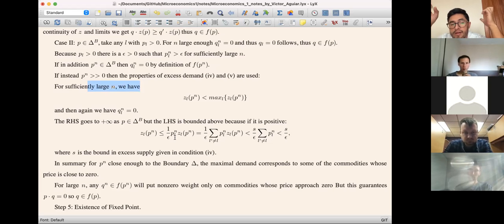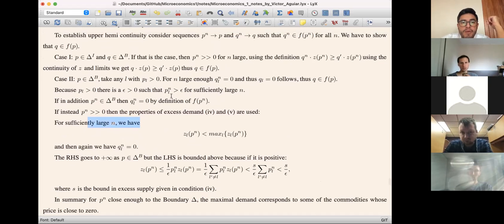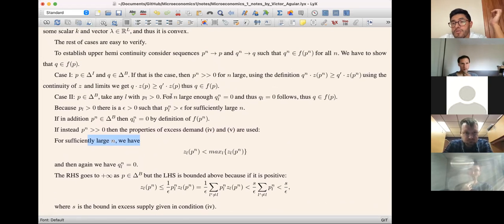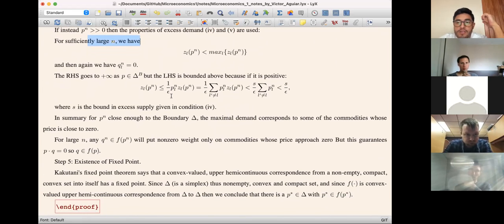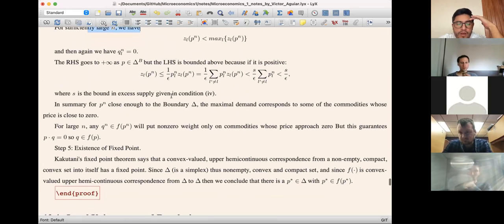This is just the technical part, ensuring that the F mapping is upper hemicontinuous and convex valued. Convex valuedness was easy to show. The upper hemicontinuity requires a lot of cases, and then you can check them all.